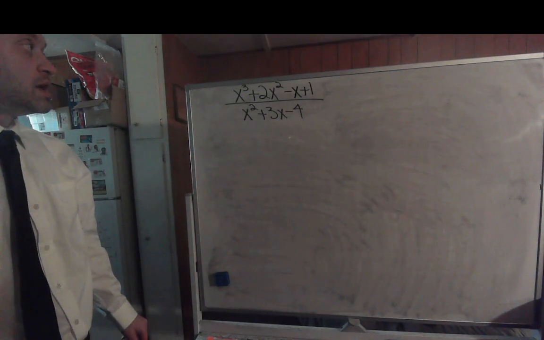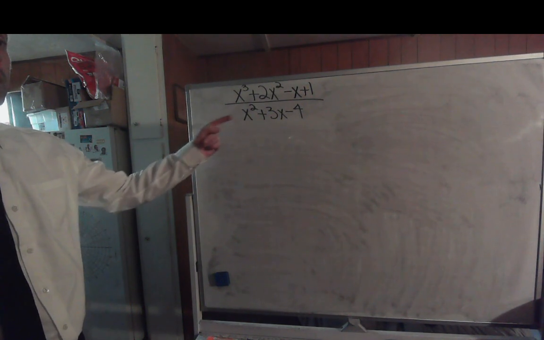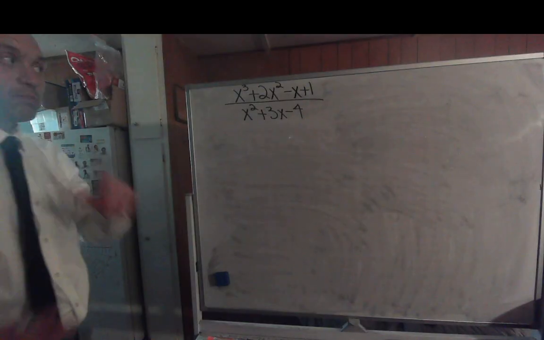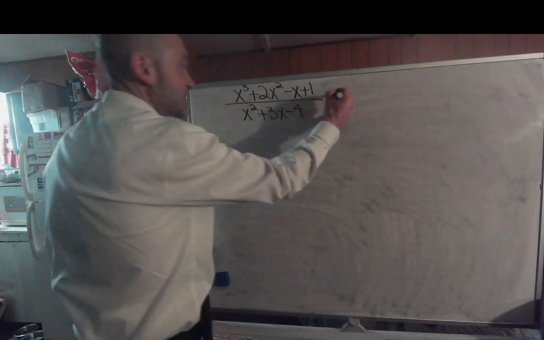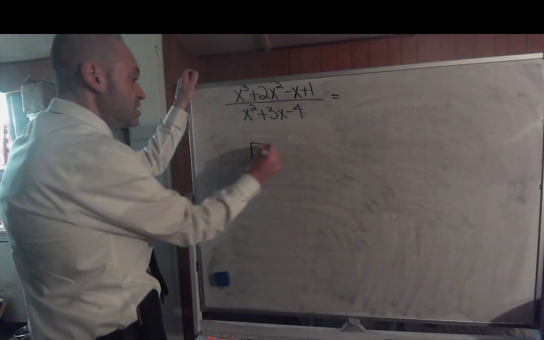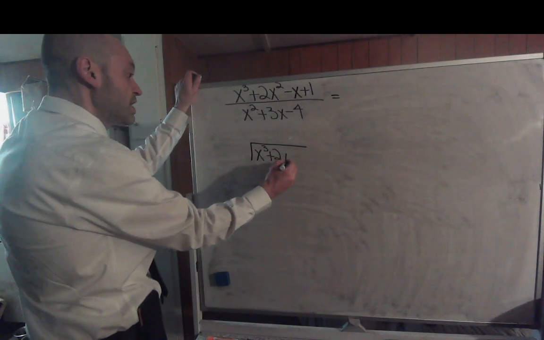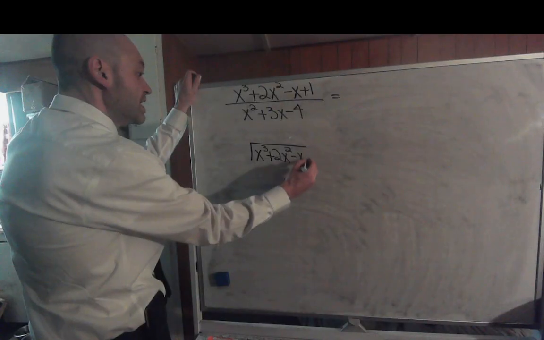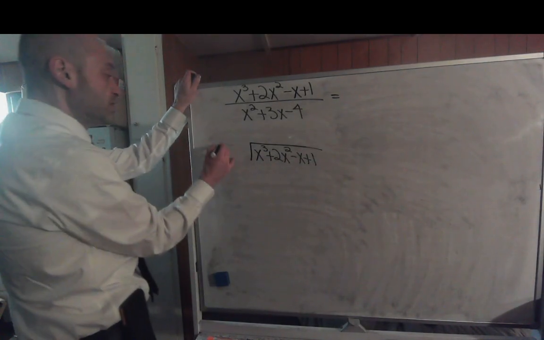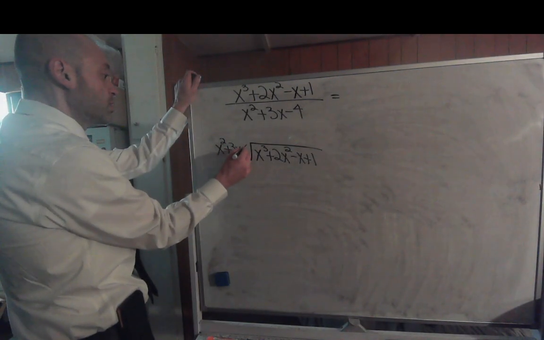Well, degree of the numerator is greater than the degree of the denominator, so first thing we actually need to deal with is doing polynomial long division. So let's take x to the third plus 2x squared minus x plus 1, divide all that by x squared plus 3x minus 4.